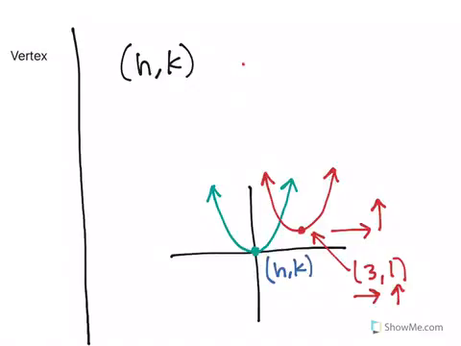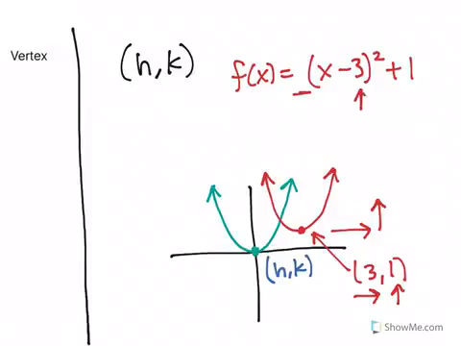The equation for this would be f(x) equals (x minus 3) squared plus 1. We didn't change the width or the direction, so there's no a value here, but you can see that we shifted to the right 3 and up 1 from our original equation, which is just at (0, 0).